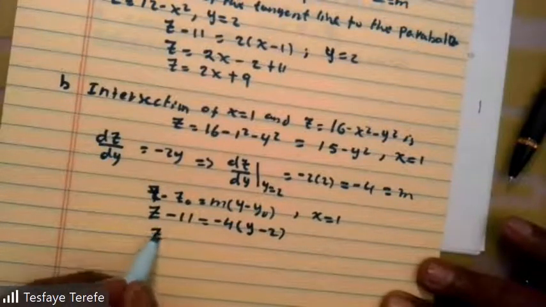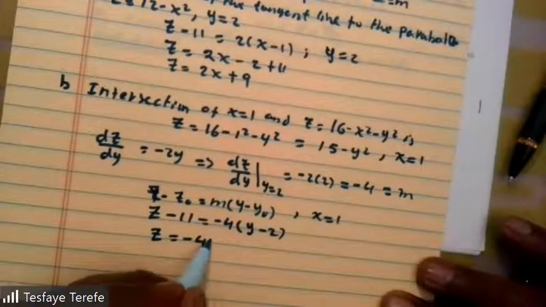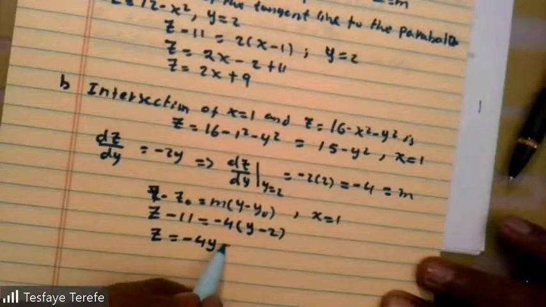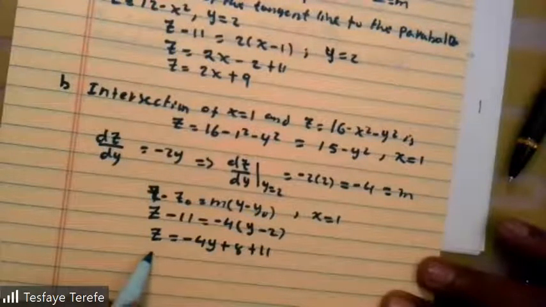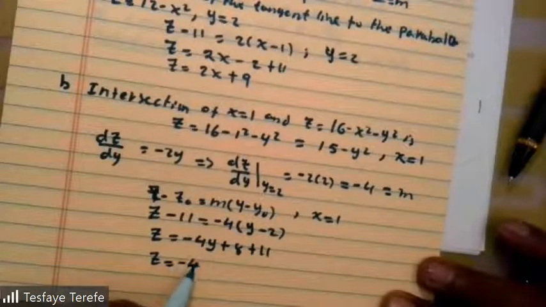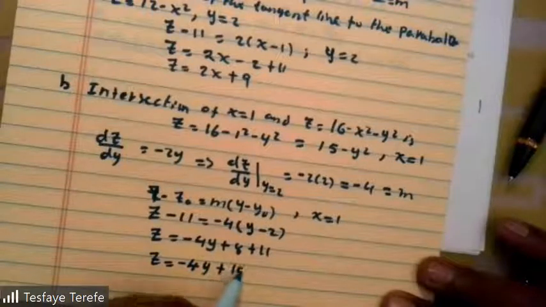And this is z equals negative 4y plus 8 plus 11. Z is equal to negative 4y plus 19. And that's it.